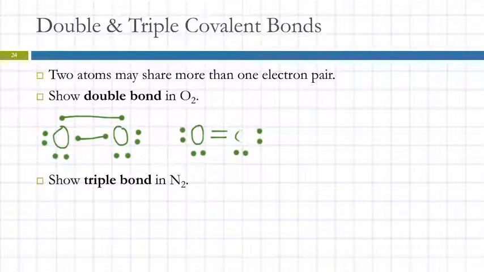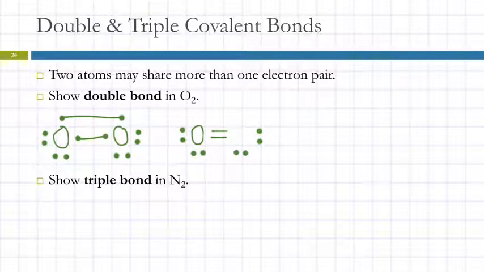So we have a double bond. When you see a line like this, imagine it's got a dot at each end. That's representing a pair of electrons.